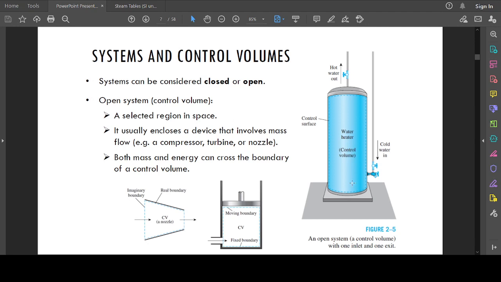Now, when the water fills up to the brim, then the heating activity occurs, and the hot water is collected at the top. Now, if it's a fully developed flow, we refer to the remaining water in the tank as the control volume.